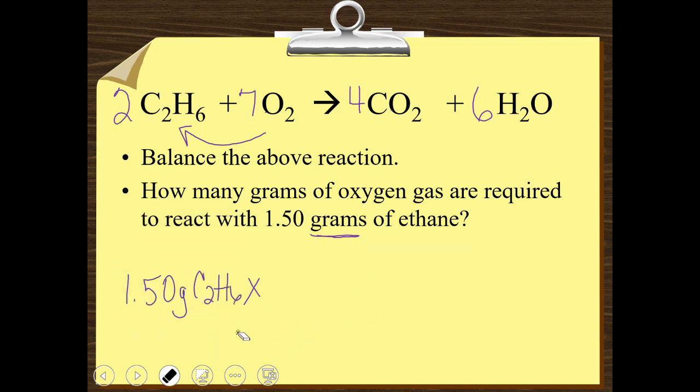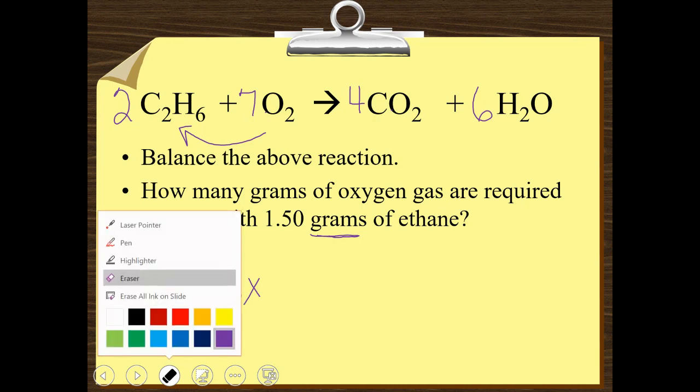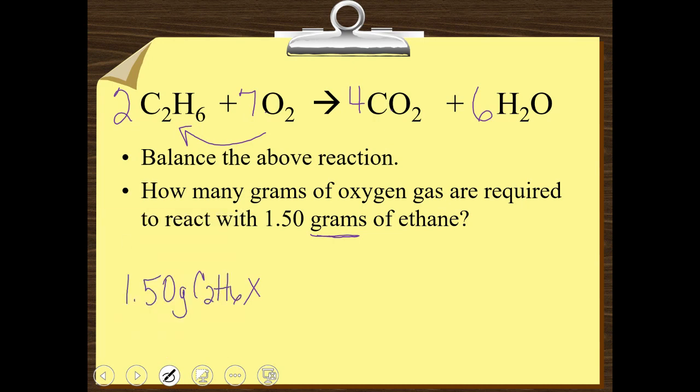If the number you start with is given in grams, the first thing you have to do is put it into moles so that you can do that mole to mole ratio that we learned yesterday. So C2H6, 2 carbons, 2 times 12 is 24, plus 6, 30 grams of C2H6 in a mole.